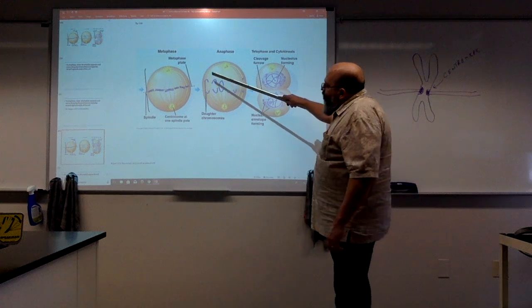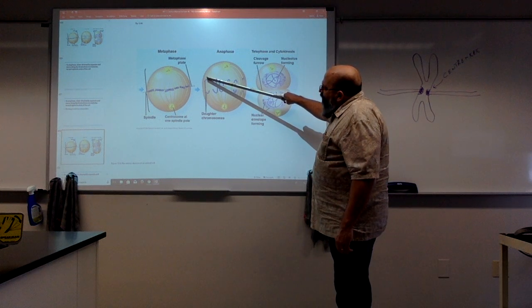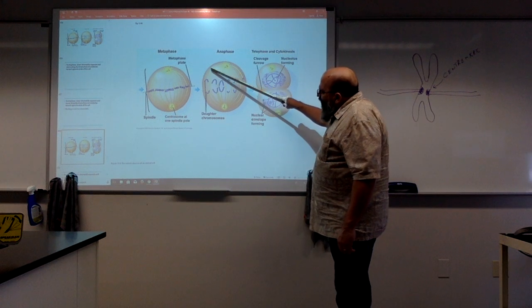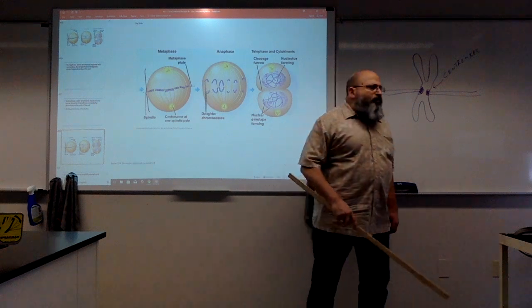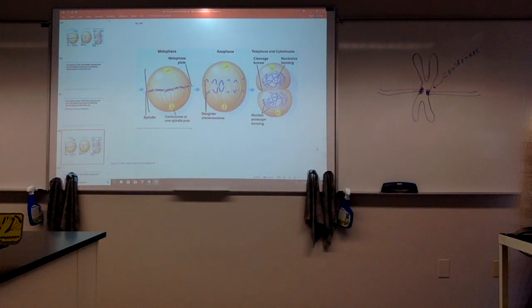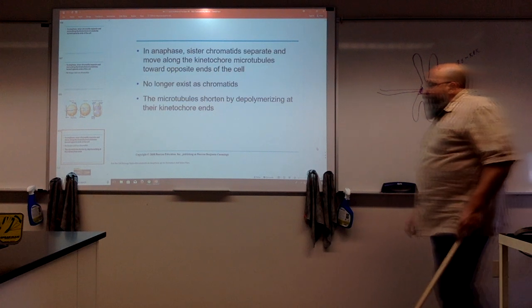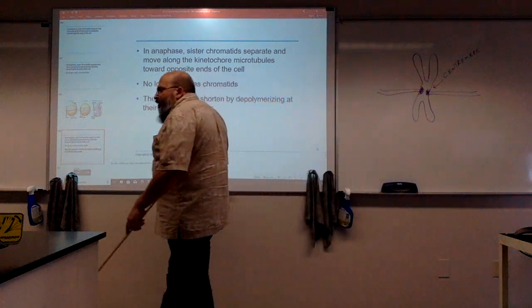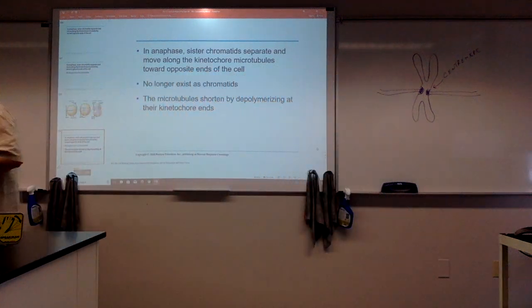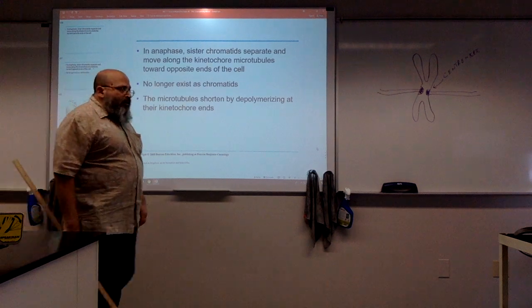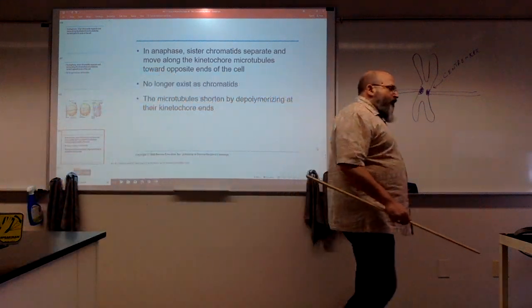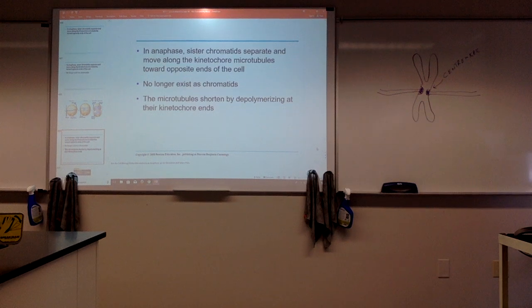Now we want to focus on how it is these chromosomes are moving. What has to be happening to these microtubules right here? The microtubules shorten by depolymerizing at the kinetochore ends. What does depolymerizing mean, do you think? Think of what polymerizing means.